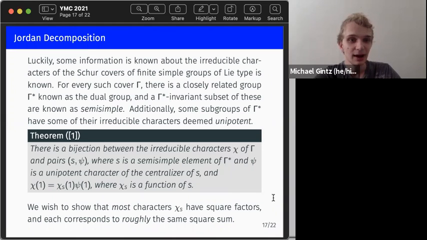In particular, we have a classification of the irreducible characters of our Schur cover by semi-simple elements of our dual group, and in particular conjugacy classes of them, and unipotent characters of the centralizers of these groups.